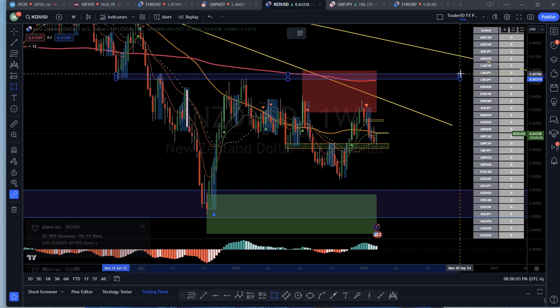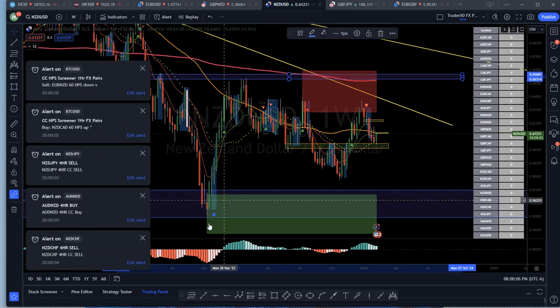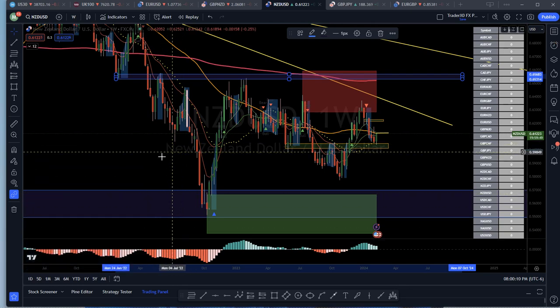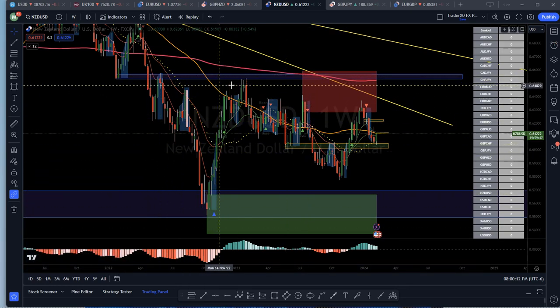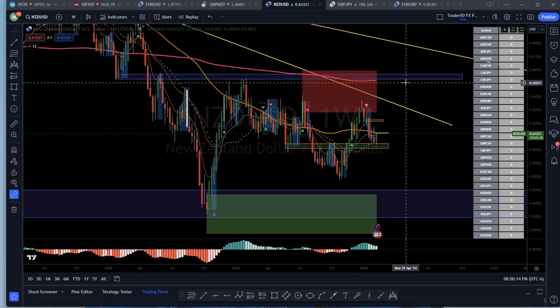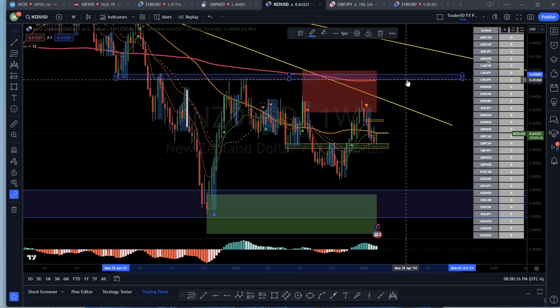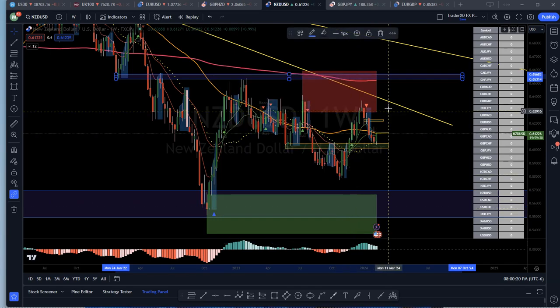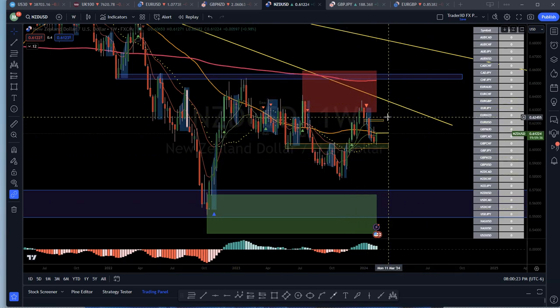I'm going to make this little minor. This is a minor zone. Sorry about that, guys. This is a minor zone. This is where I want price to come back up to. Okay? I want this shown only on the weekly and below. So that's where this is trying to push it.